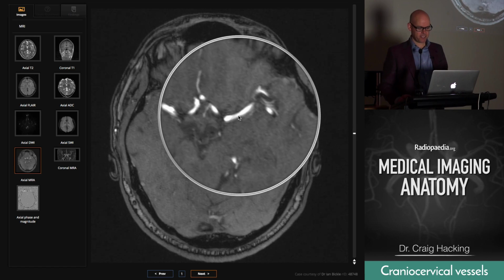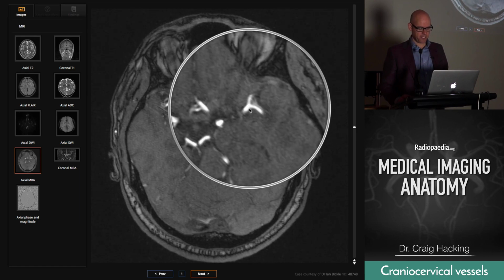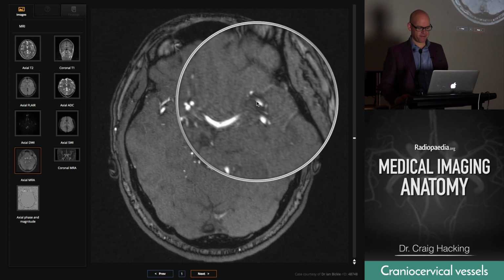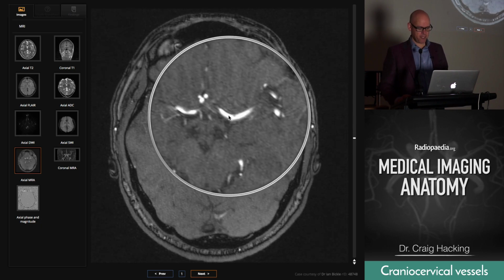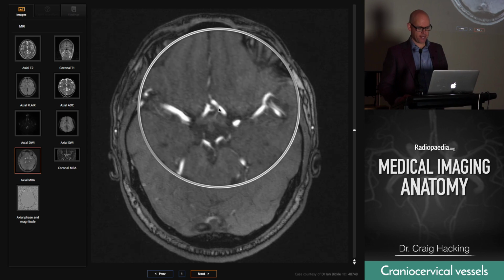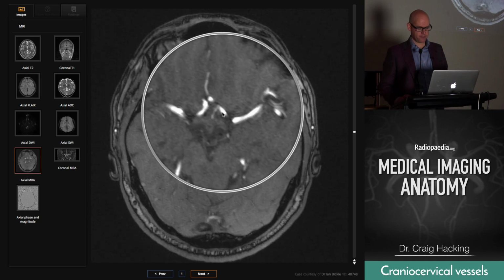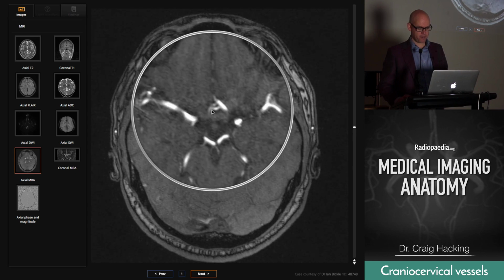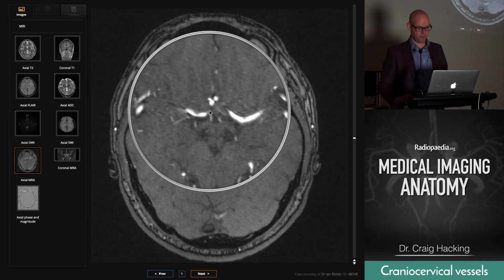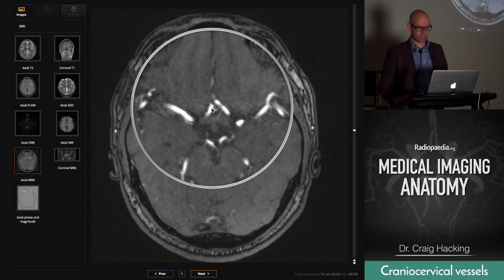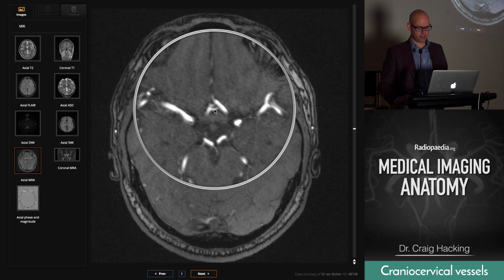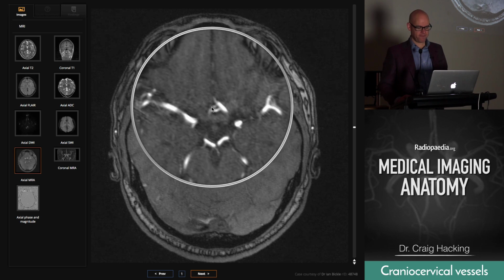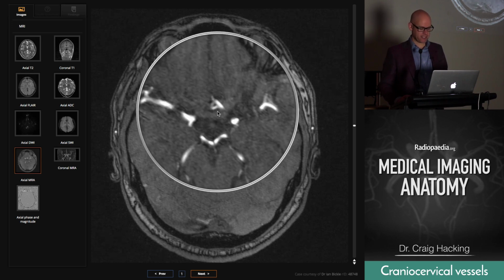This is the MCA, the middle cerebral artery, and it will often bifurcate or trifurcate out here. And the vessel that goes medially is the ACA, the anterior cerebral artery. And it will then usually be joined by this other ACA with a little ACOM, anterior communicating artery. This patient actually has a little fenestrated ACOM, one of the variants.